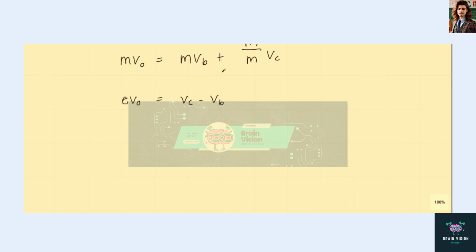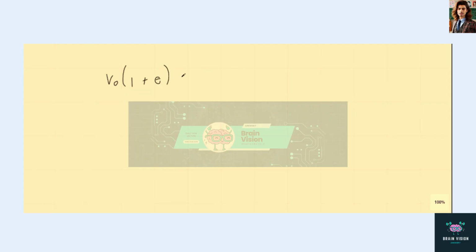So we can see from here that v0 into 1 plus e is equal to 1 plus big M over little m times vc. So essentially we found vc in terms of the initial velocity v0.